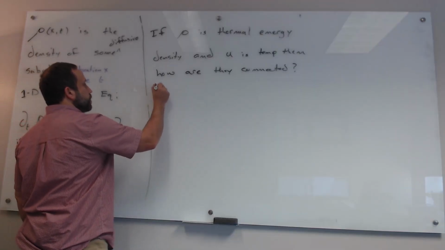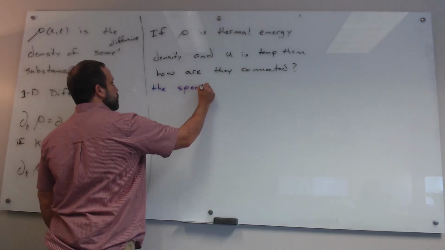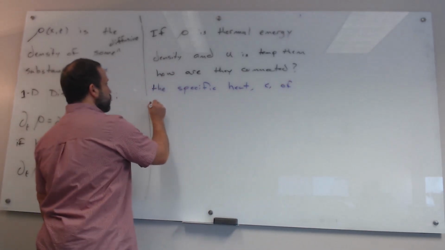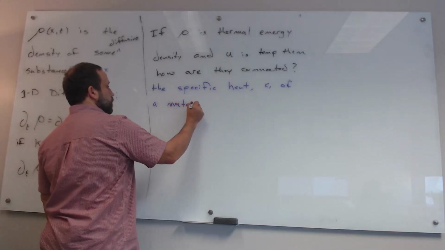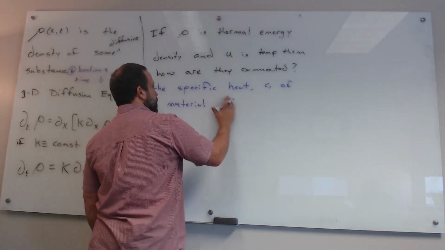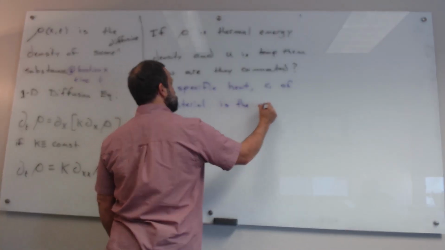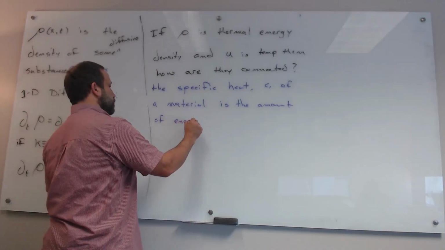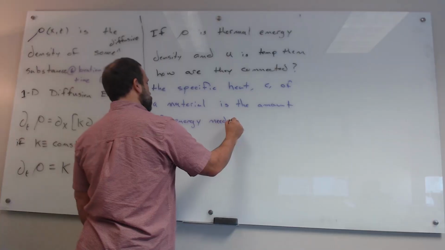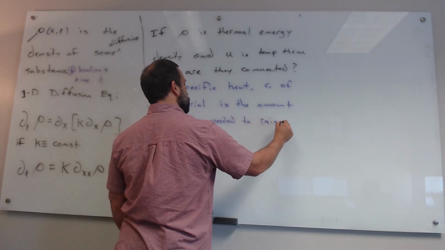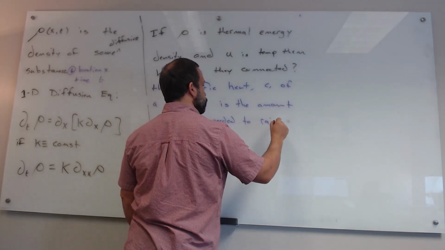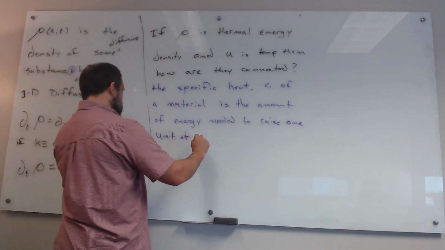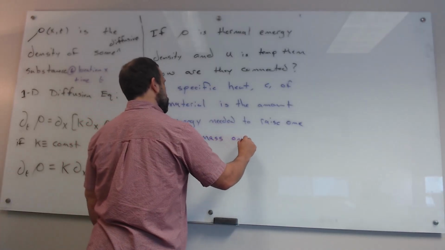So the specific heat, C, of a material is the amount of energy needed to raise 1 unit of mass 1 degree.